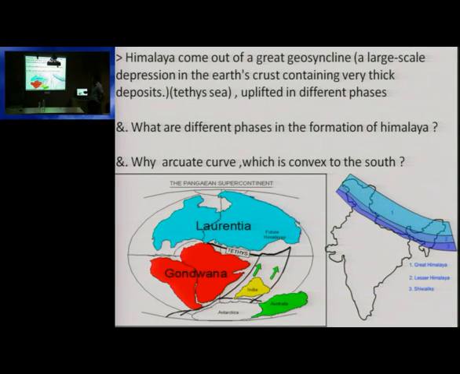Okay, why is the arc curve convex to the south? You just see the structure of this. If you travel from the northwest to the northeast part, from here to here, just imagine the southern part. It is not straight. There is a curve, meaning there is a bulging on this side. Anyone, do you know why?